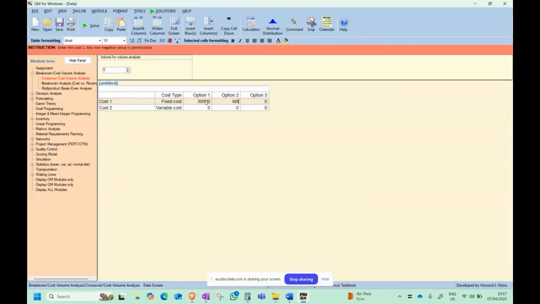Option 2 was 60,000. Option 3 was 110. Then variable cost was 75. This one was 45, and the last one was 25. And then the unit cost, which is fixed, is 2,000. And you click solve.